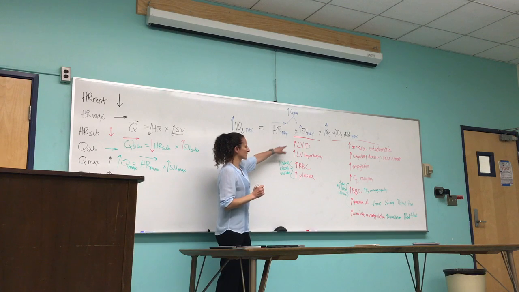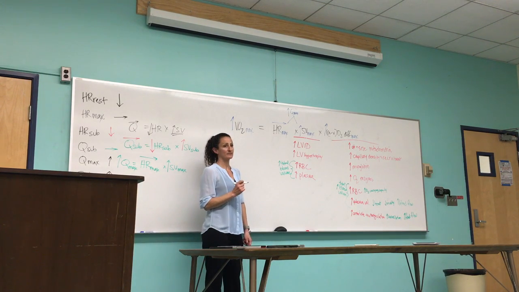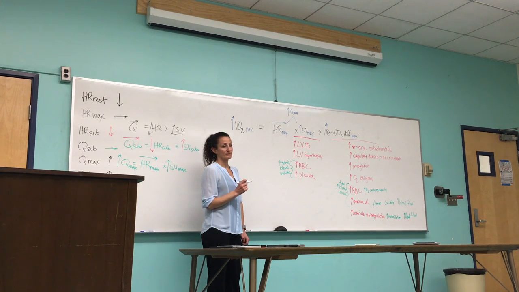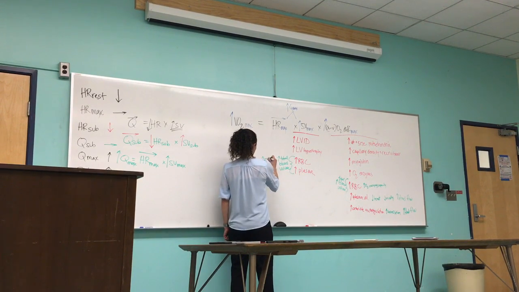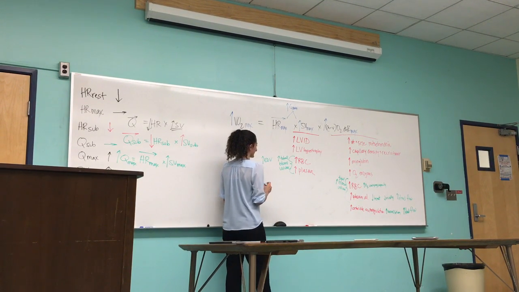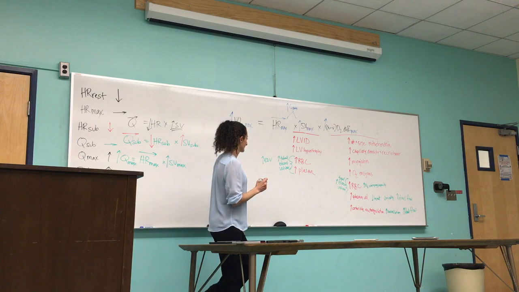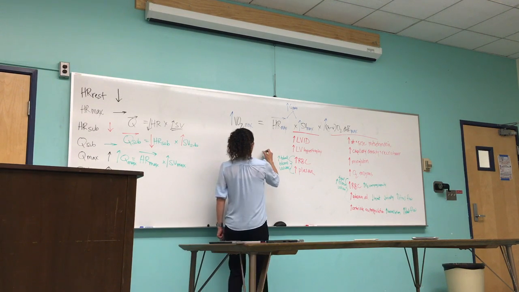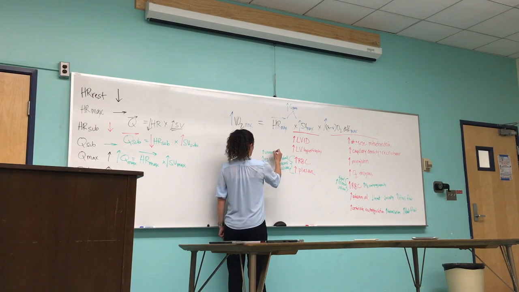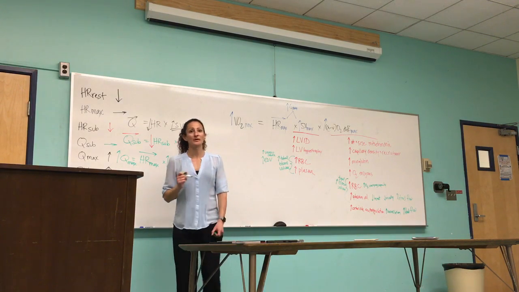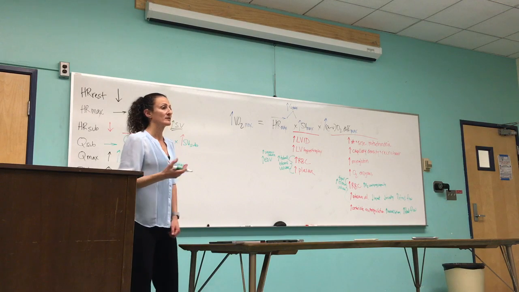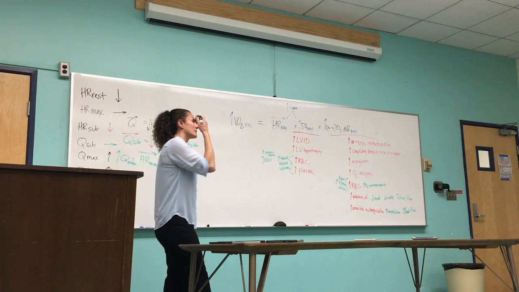How will that help us increase our stroke volume? Higher diastolic rate. The more blood you have in your body, the more blood you can return to your heart. The more you can preload it with, the more you can pump out.